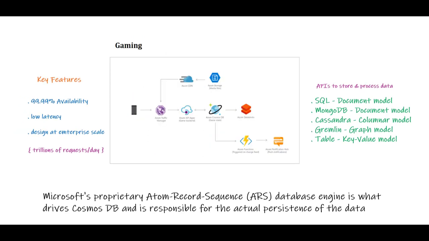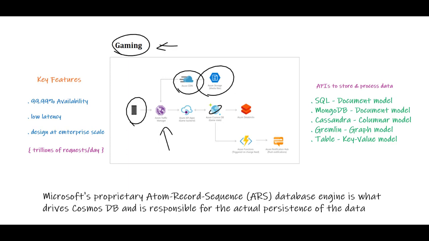So we go from IoT and telematics and retail and change feed. We're sitting here at gaming. So you can have your user or a machine go over to the Azure Traffic Manager via looking at the content delivery network that is being fed from some media files to update things.